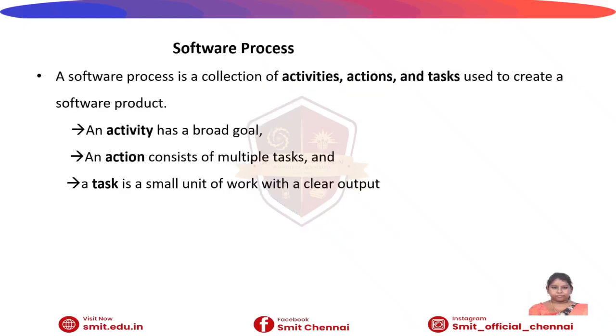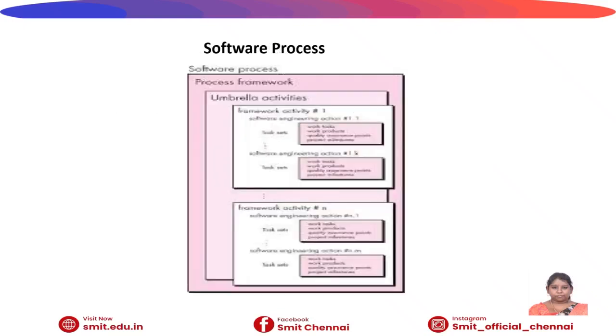Software process. A software process is a collection of activities, actions and tasks used to create a software product. An activity has a broad goal. An action consists of multiple tasks, and a task is a small unit of work with a clear output. Here in the software process, we have to perform both the process framework and the umbrella activities.